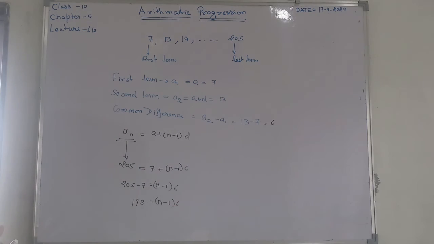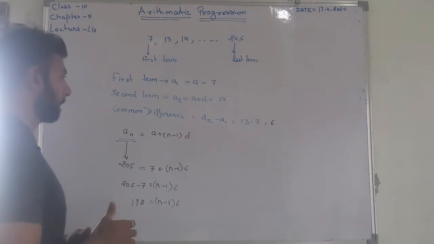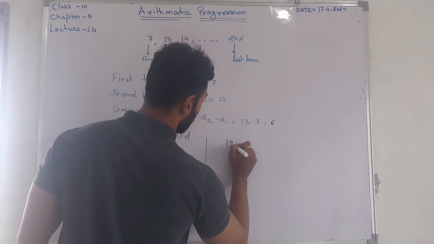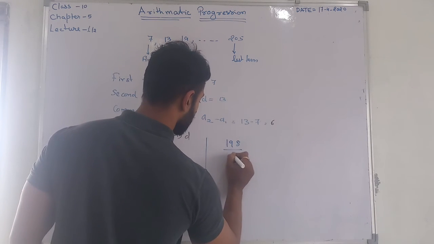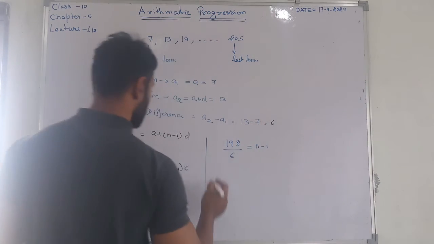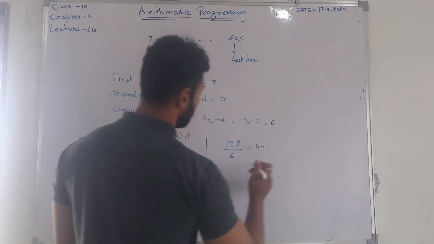Taking this 6 to the denominator, we get 198 by 6 equal to n minus 1.